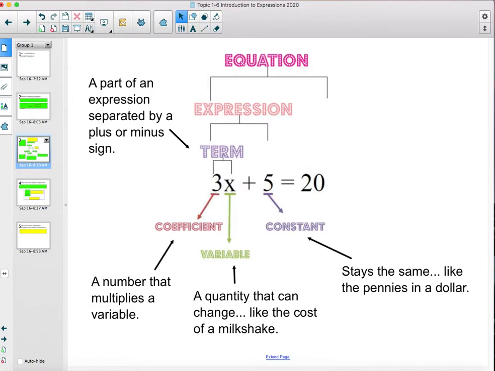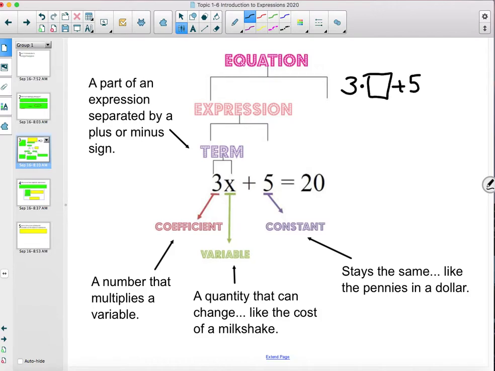Well, at this point, we still don't know what x is, but we could figure out what x is because we'd be thinking, okay, 3 times some unknown number plus 5 equals 20. Well, in this case, we could say x must have a value of 5 in this instance, okay? Because if we plug 5 in there, we know that 3 times 5 is 15, plus 5 equals that 20.